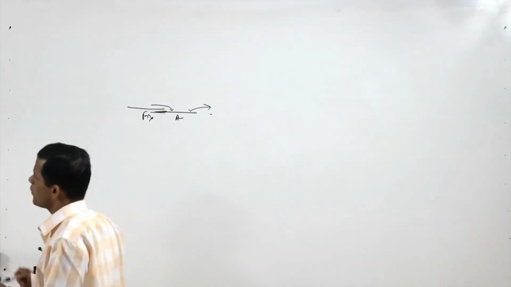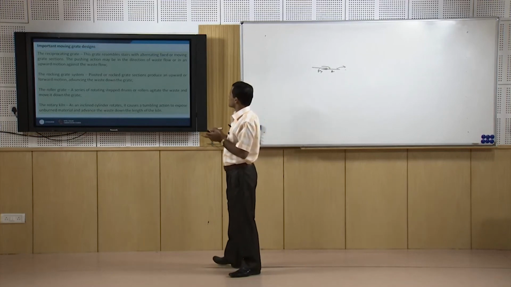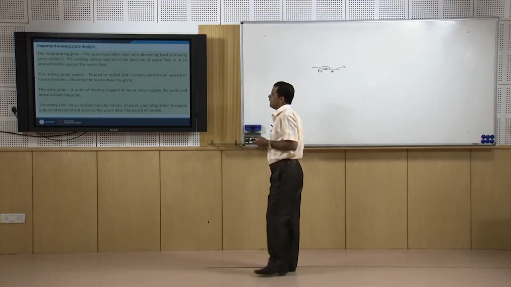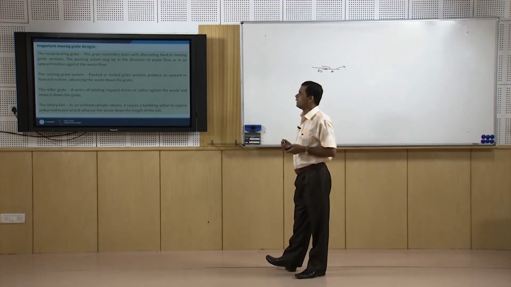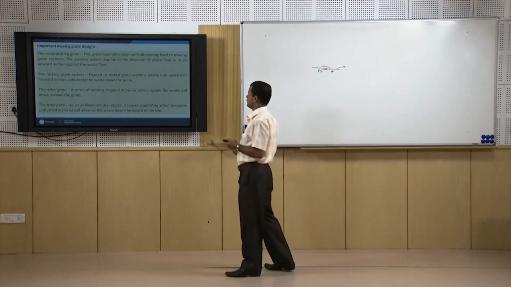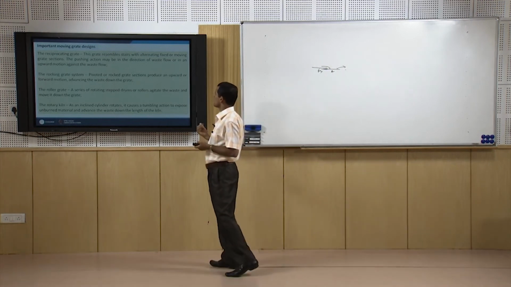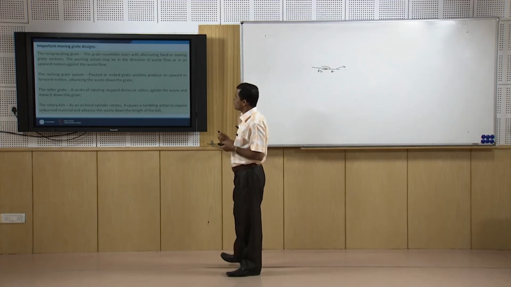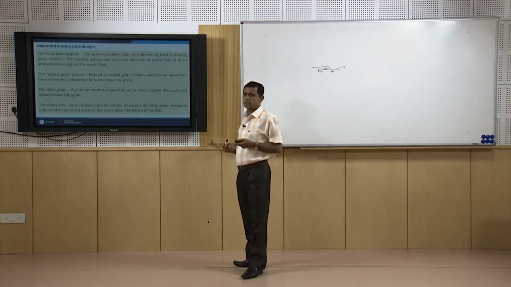So, that is reciprocating movement, one stair is fixed, another is movable. And the rocking grate system, that is the pivoted or rocked grate type. This grate section produces an upward or downward motion advancing the waste down the grate.